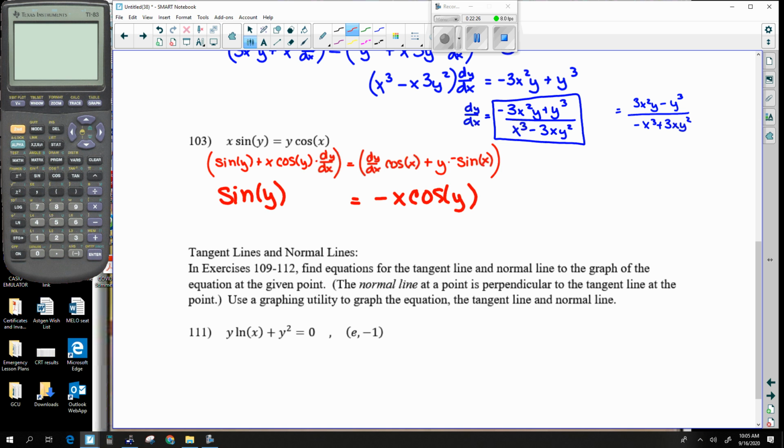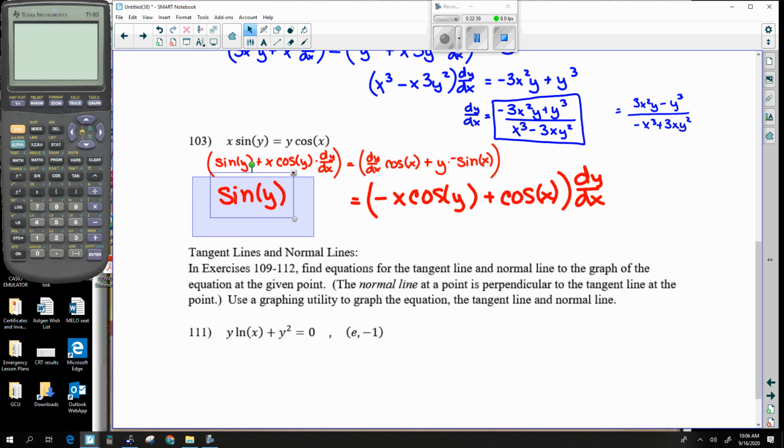This joined forces with the cosine that is already there. And so I think that's all the dy dx's that I have. And then this negative sine, etc., comes back over. And so that coming over would be a positive y sine x.